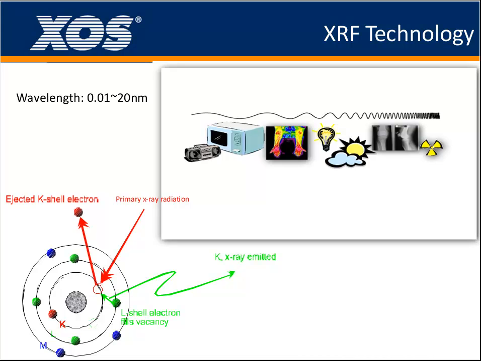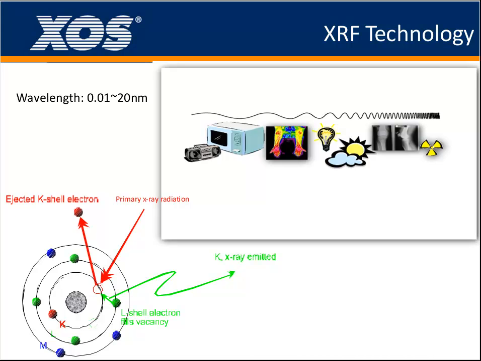After that there will be a hole in the inner shell. So the atom is not in a stable situation. An electron from the outer layer will go into the inner part, and because there is an energy difference between different shells of electrons, the gap of energy will be emitted as X-ray. So we call this X-ray fluorescence.